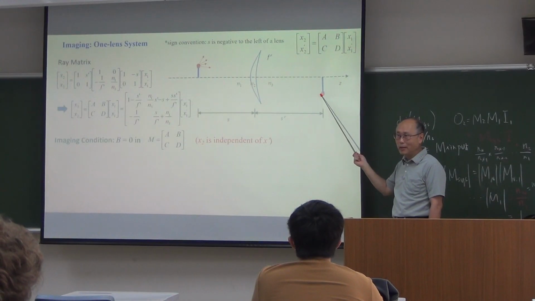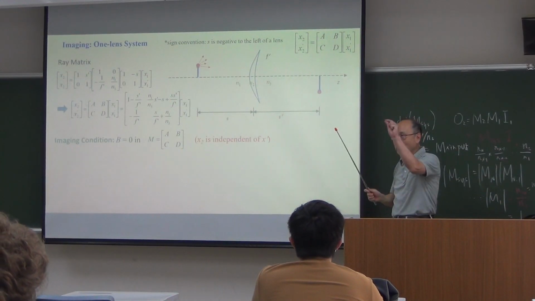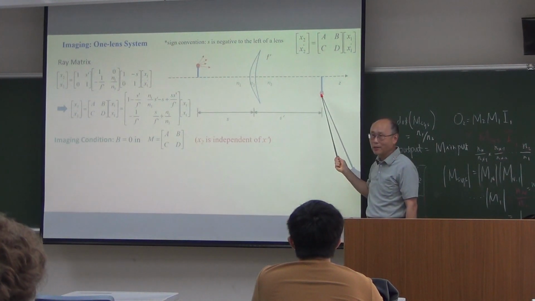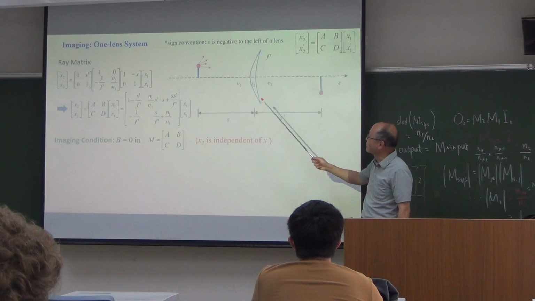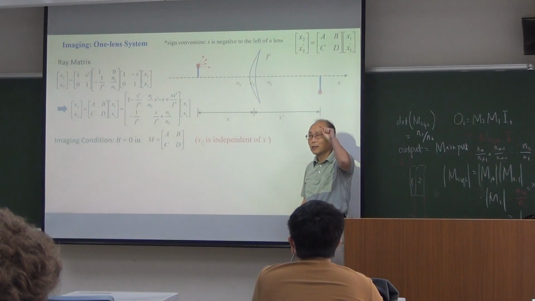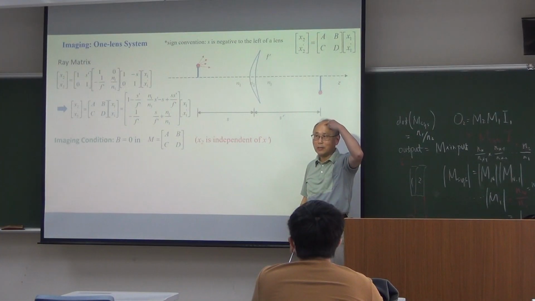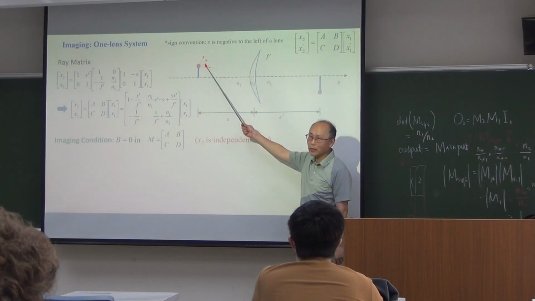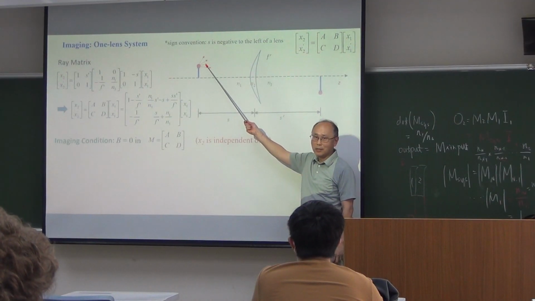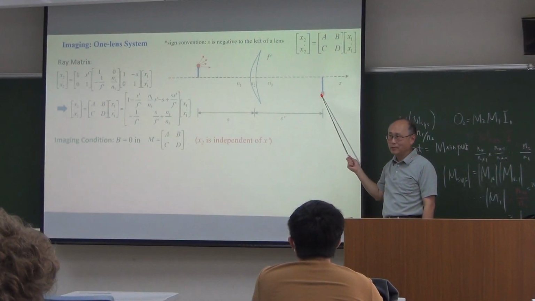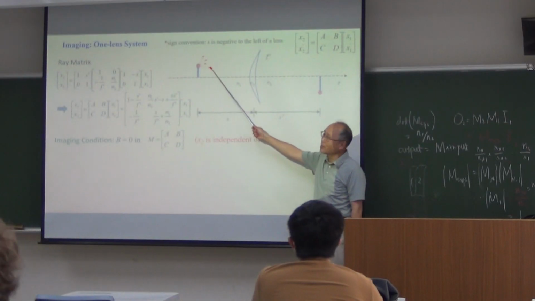When I see you, I decompose you into dots, and then this dot is going to form an image here, regardless of the emitting angle. Do I need to care about this dot? The light coming out from this dot can be in any direction, and then you end up at one position.